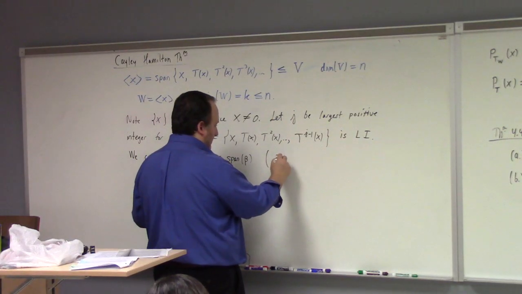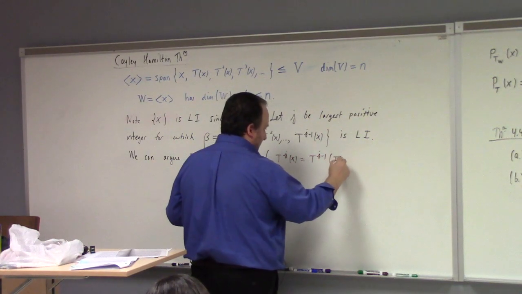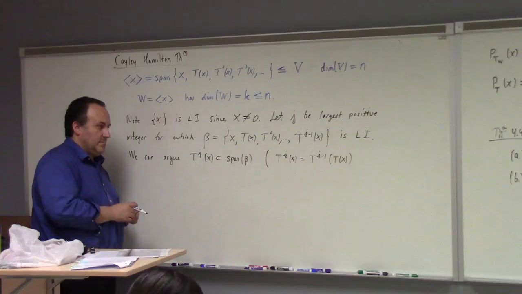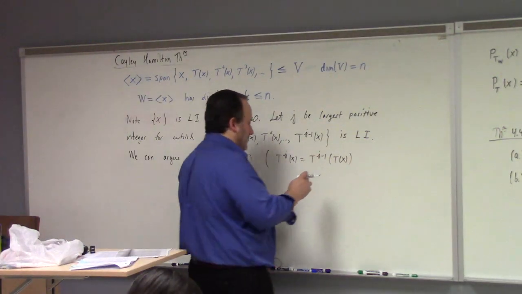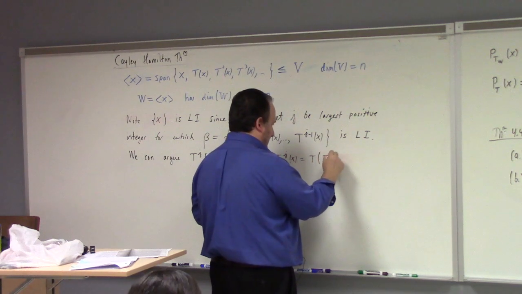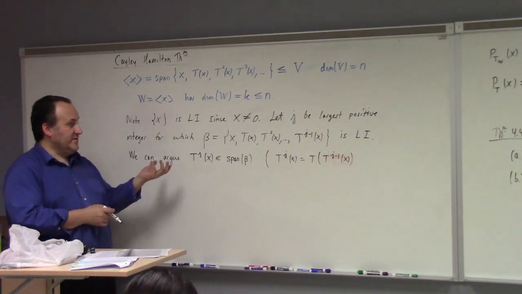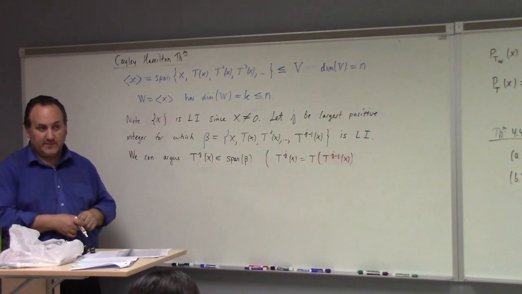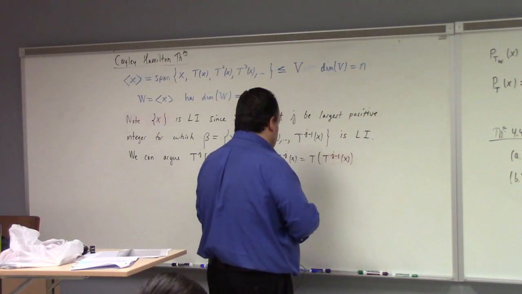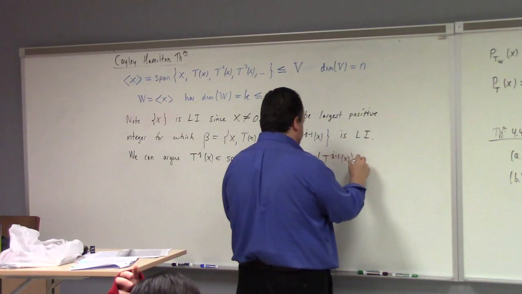Notice that T^j of x is equal to T^(j-1) of T of x, right? Maybe I should look at it the other way around. By construction, T^(j-1) of x is an element of beta, right? Oh, maybe I don't see this.